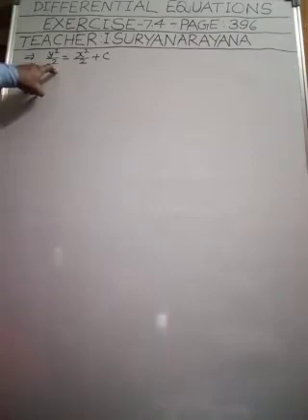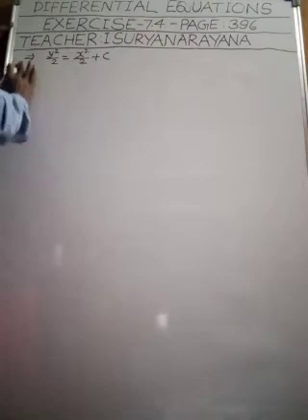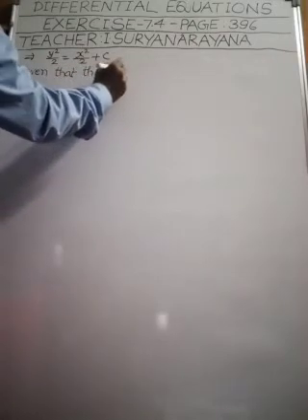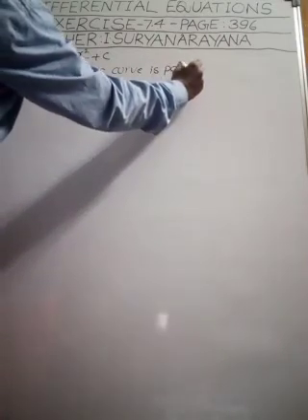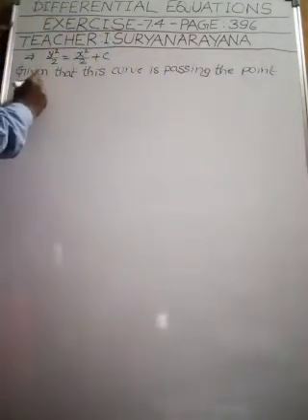But we have to find the particular solution of the differential equation with the help of the given data. What is given? This curve is passing through 0 comma minus 2. Yes or no, my children? This given that this curve is passing through the point 0 comma minus 2.